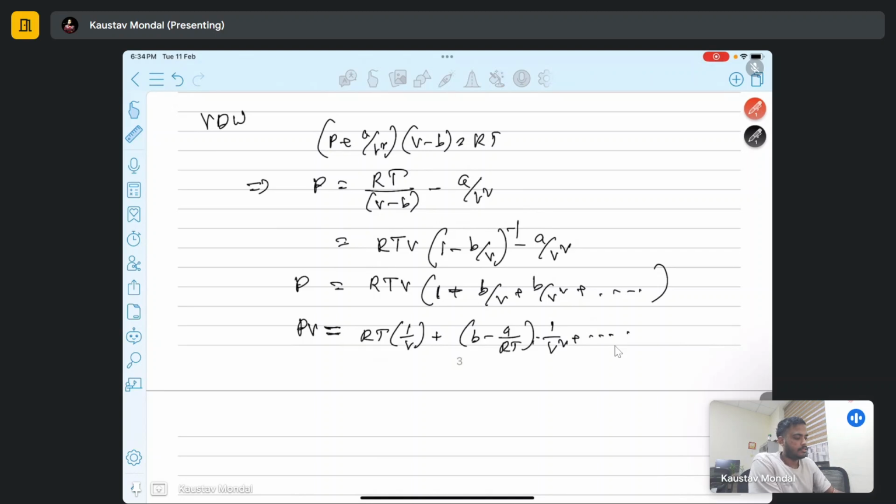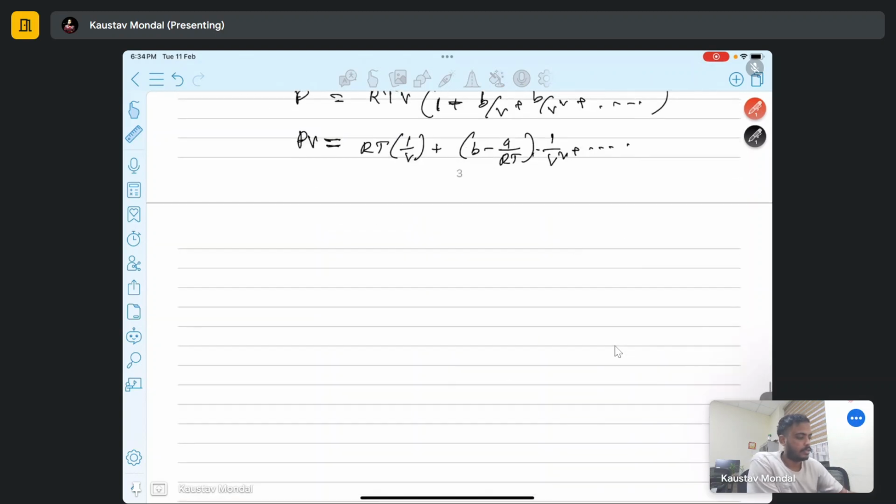Okay, so like this. Okay, so now here this coefficient, so after doing that, 1 by V squared.